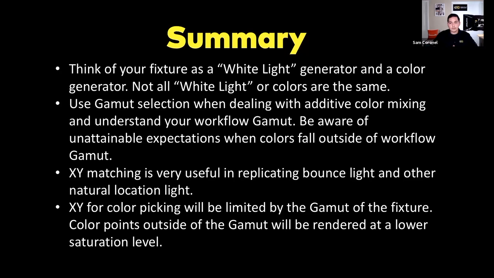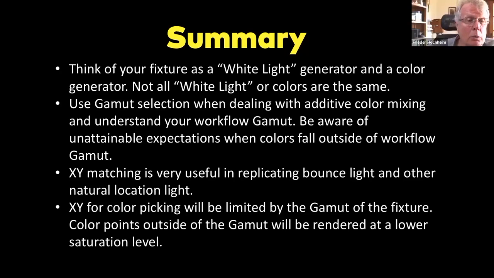Or you can say, you know what, we'll try using XY matching. We'll replicate as best we can that saturated light, that natural light, that replicated bounce light. We'll map it out in XY, and whatever the output gamut that we master it in, that's what it's going to look like.